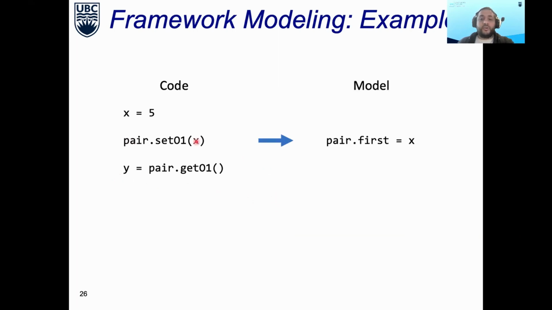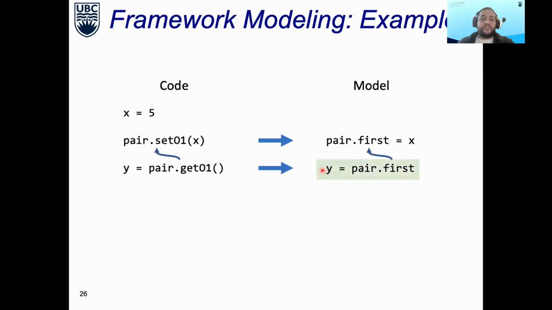The model of setO1 method is the assignment from the parameter x to the field first as we saw before. And similarly, the getO1 method is modeled as the implicit assignment y equal pair.first, which we create from the StubDroid and FlowDroid taint propagation rule.